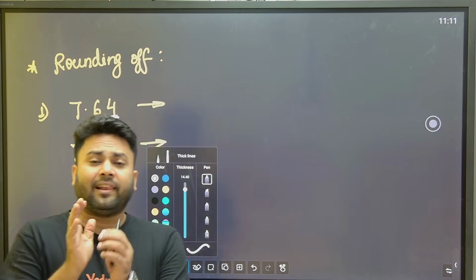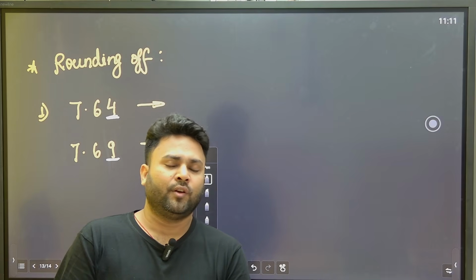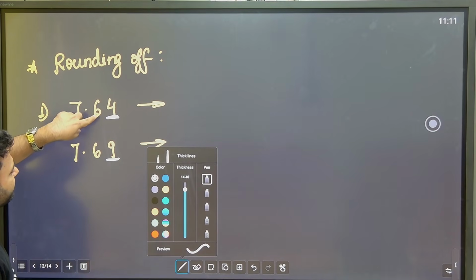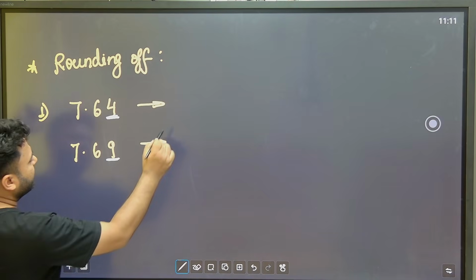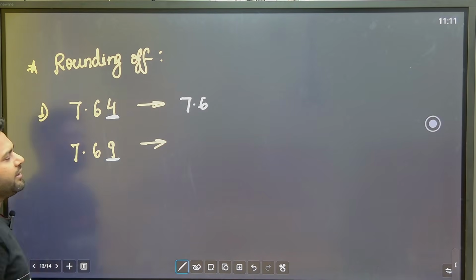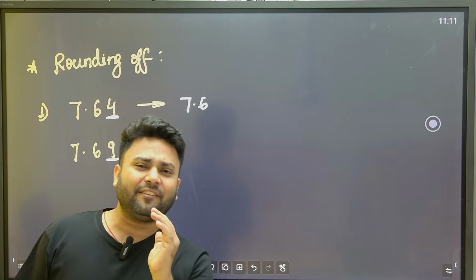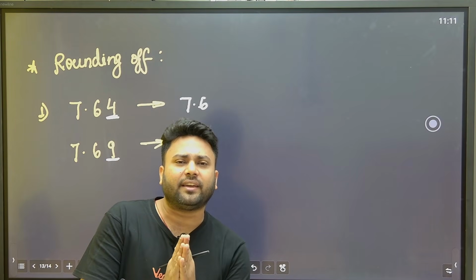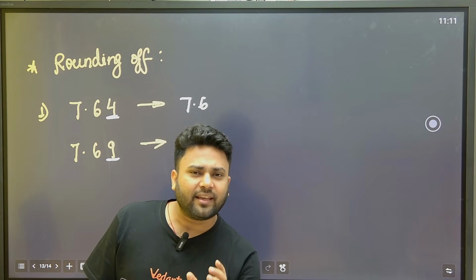If it is less than 5, then the previous digit will remain the same. Means if you have to write the round off, it will be 7.6 only.